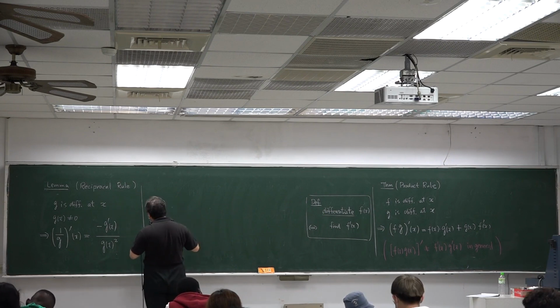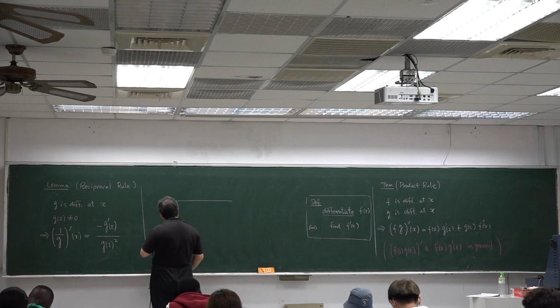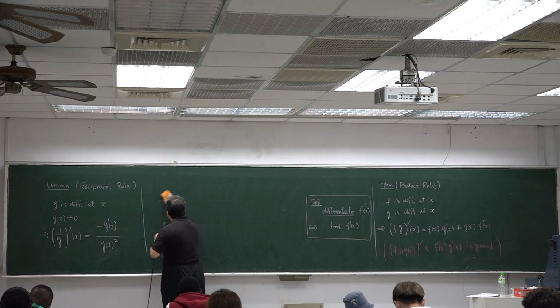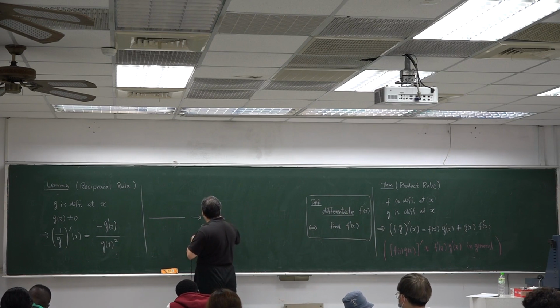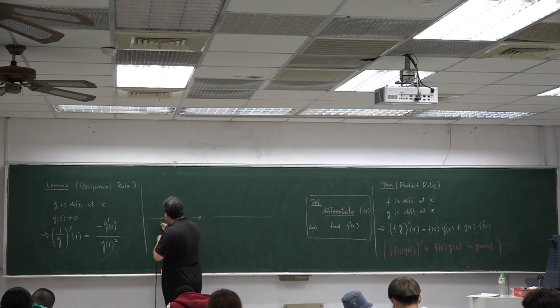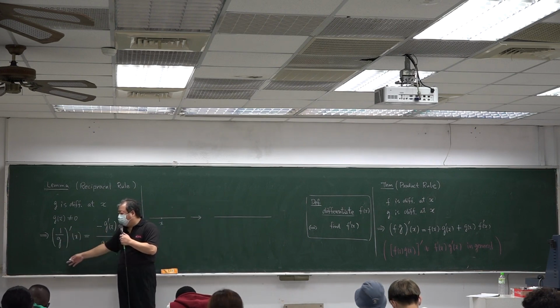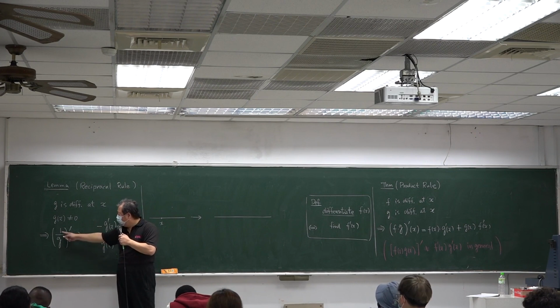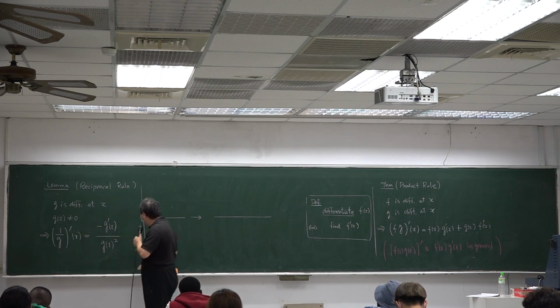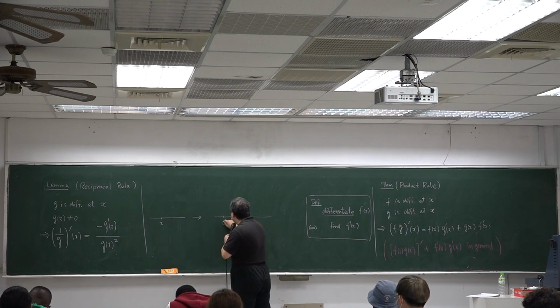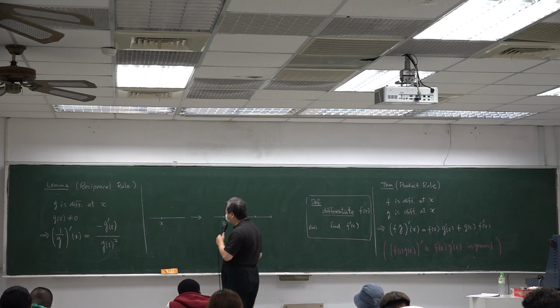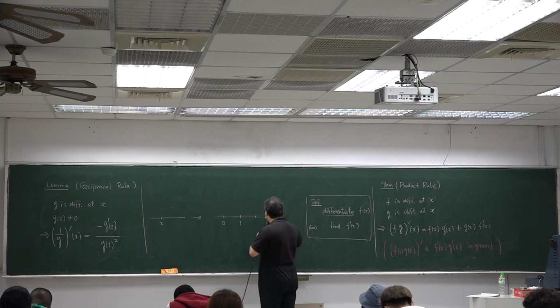Let's go back to the original thinking. Suppose we are given a number x. In order to speak of the reciprocal, we certainly need the number 1. So suppose this is 0, this is 1, 2, 3. Suppose g at x is 3.